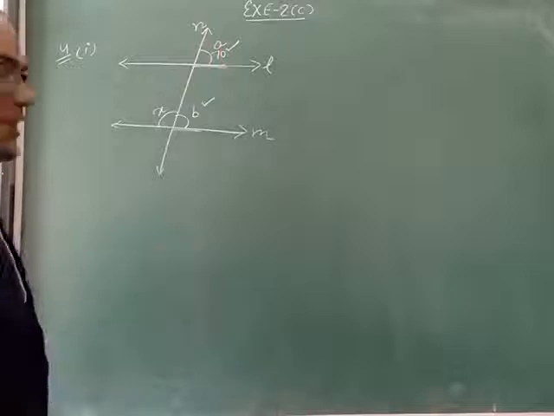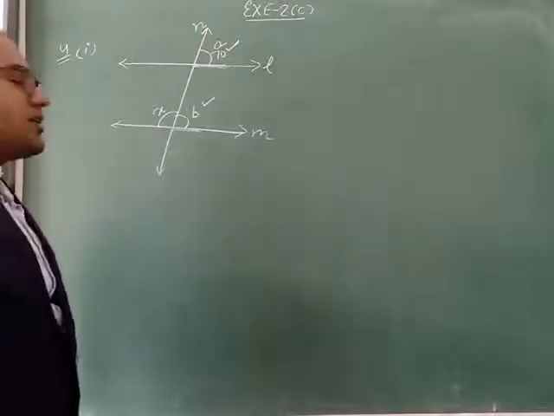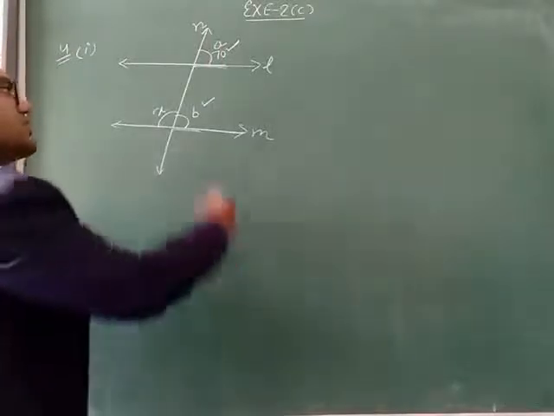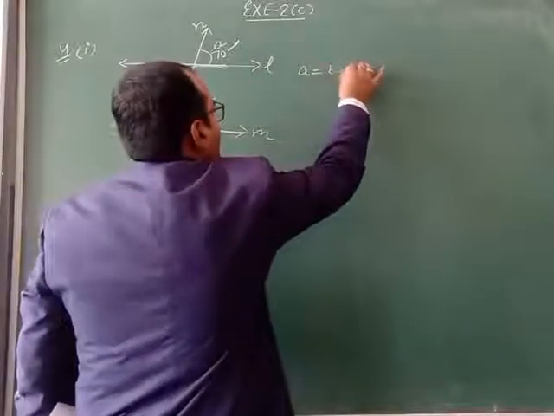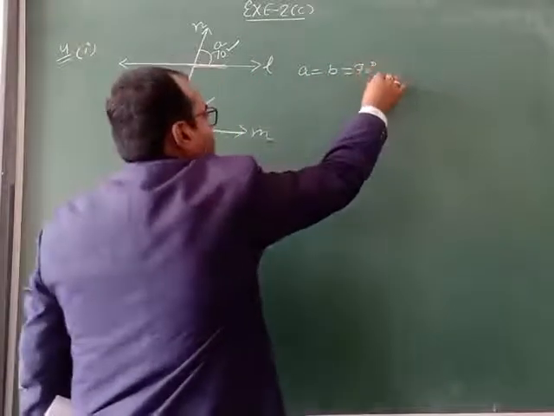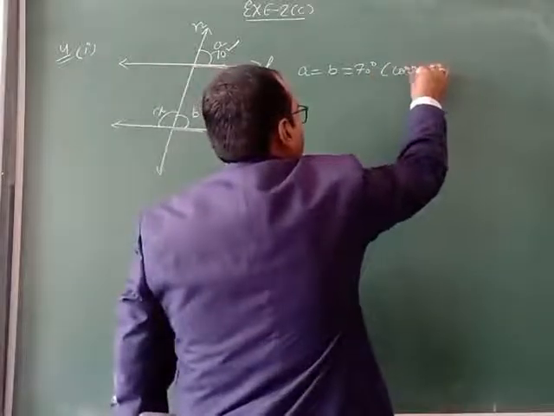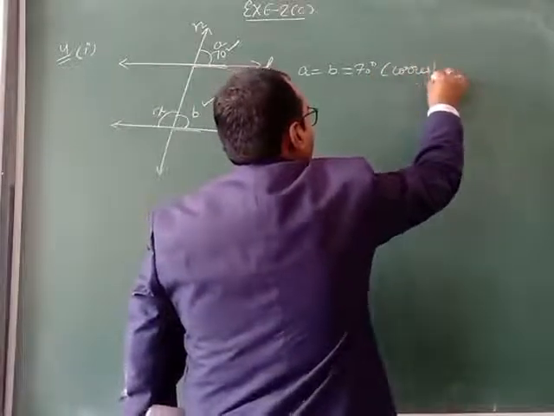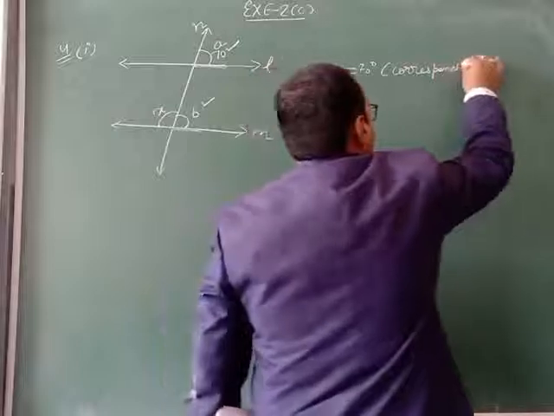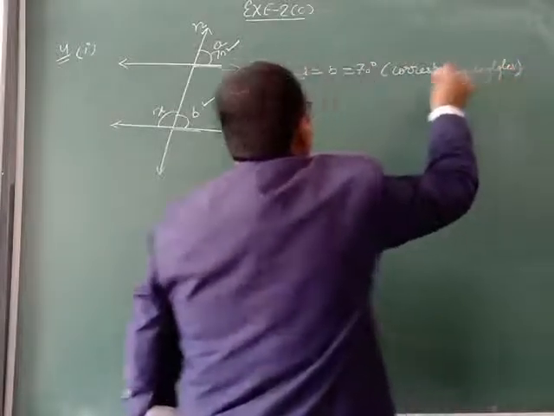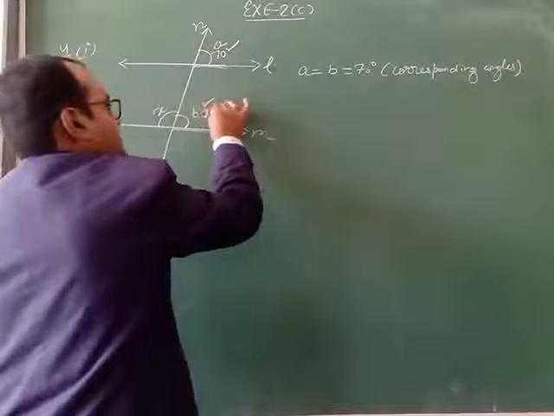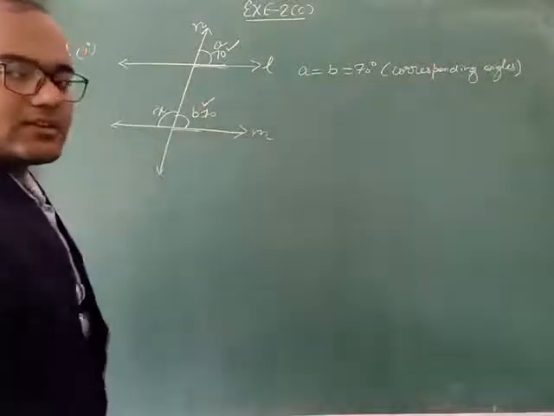So such angles we will call corresponding angles. So the answer of both A and B will be equal to 70 degrees. These two are corresponding angles. So this B answer is 70.